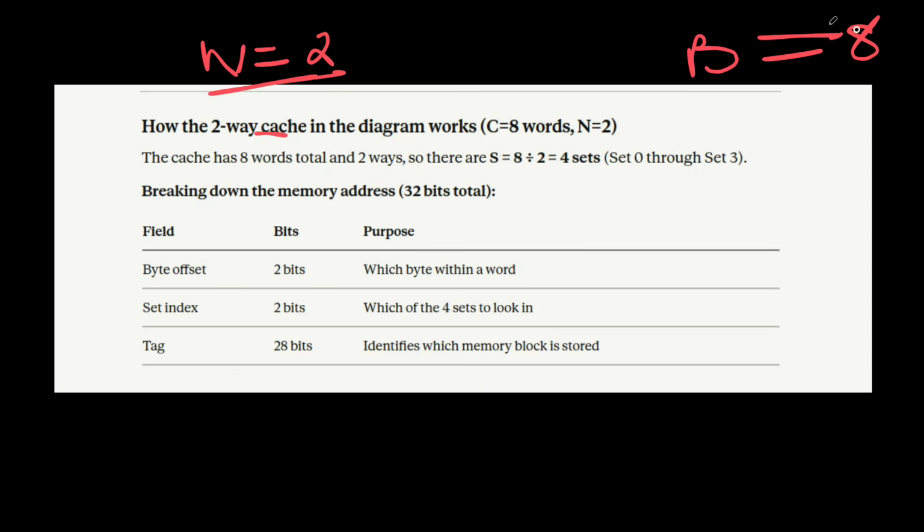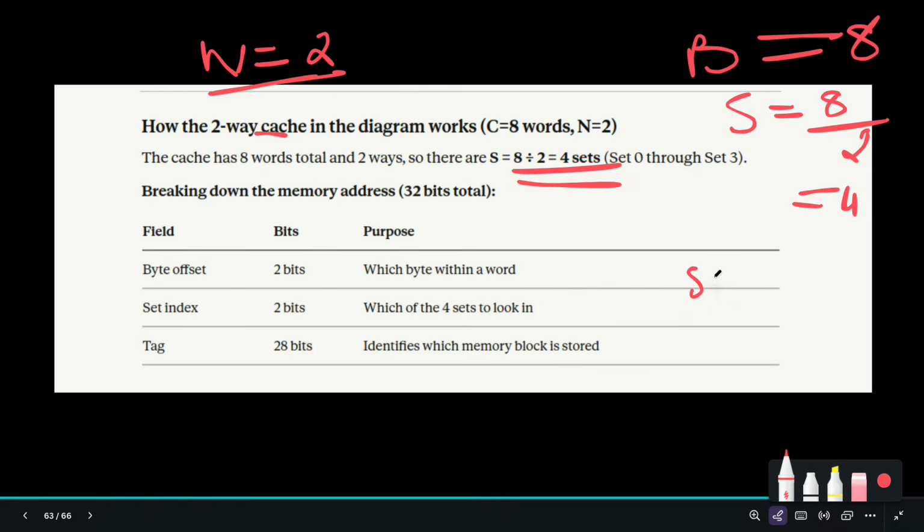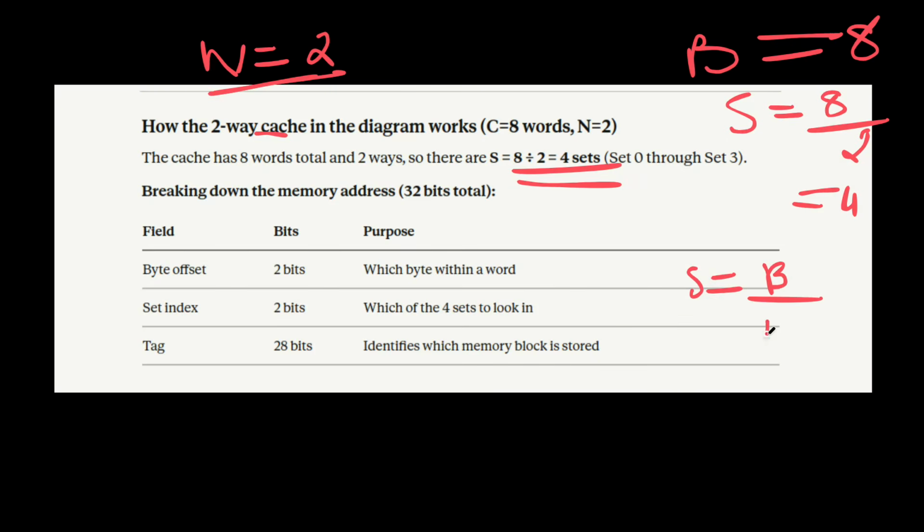So the number of sets would be 8 divided by 2, that is 4 sets: set 0, set 1, set 2, set 3. Because we know the number of sets is blocks divided by n. N defines how many ways you can divide each set.